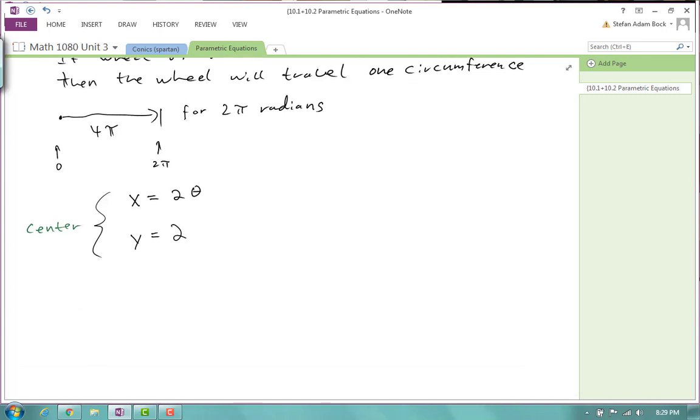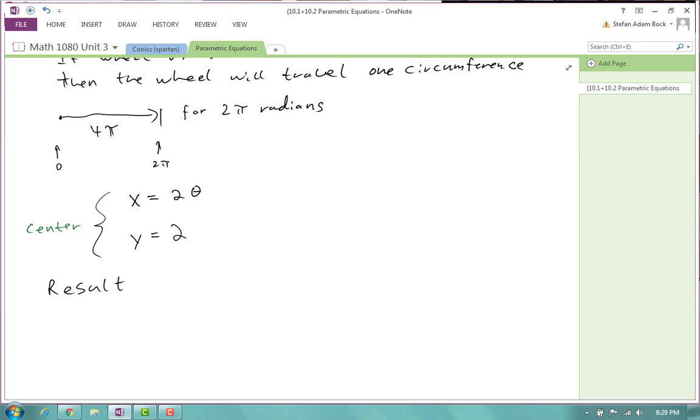Which means my component motion can combine. I know the x and y coordinates of the dot relative to the center, and I know the position of the center.